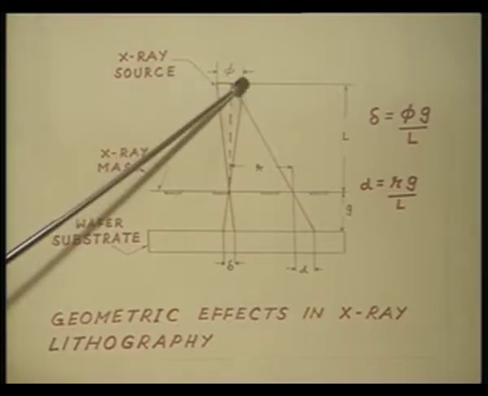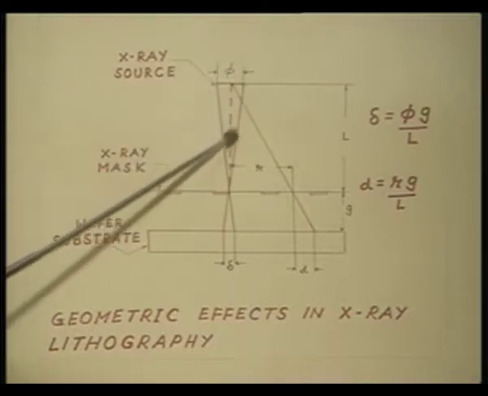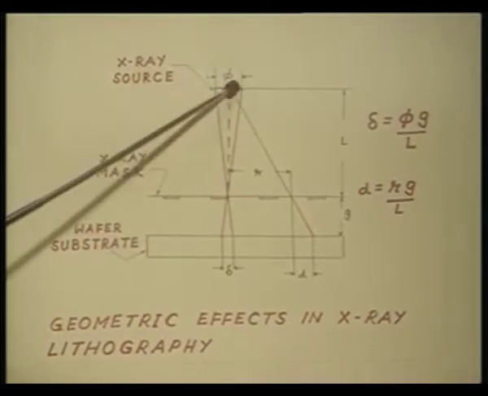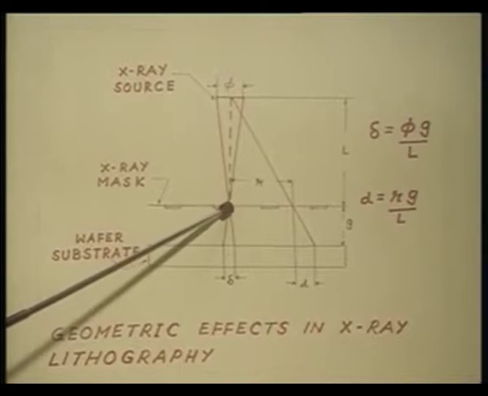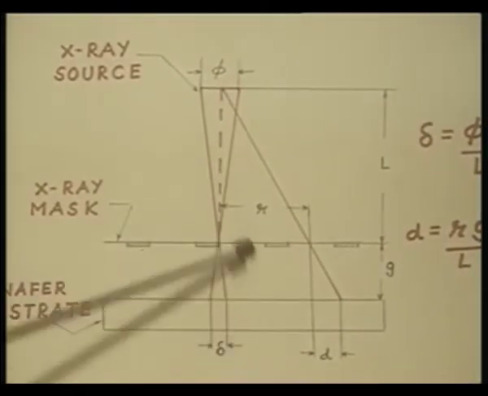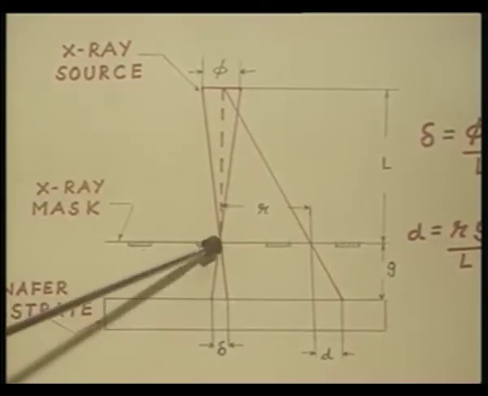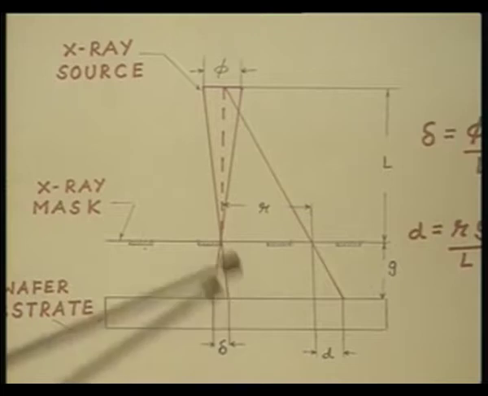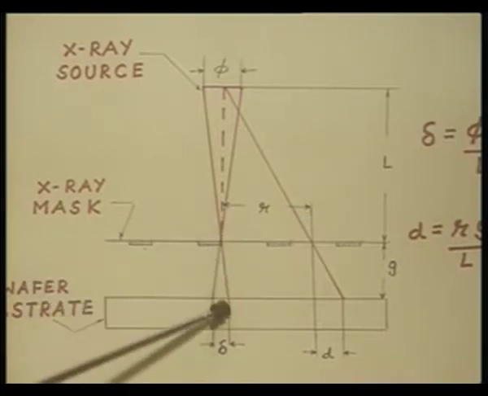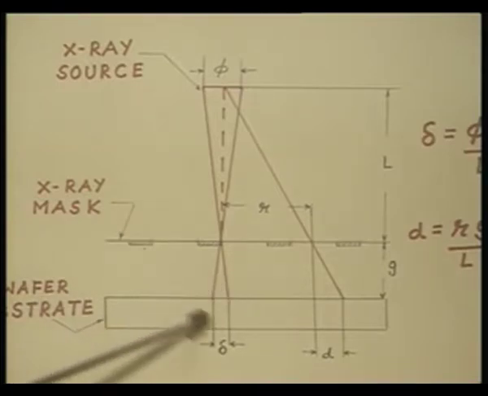So, at the edge of the mask pattern, the X-ray beam is focused at the edge of the mask, and because of the finite separation between the mask and the wafer substrate, it causes a penumbral blur on the substrate.